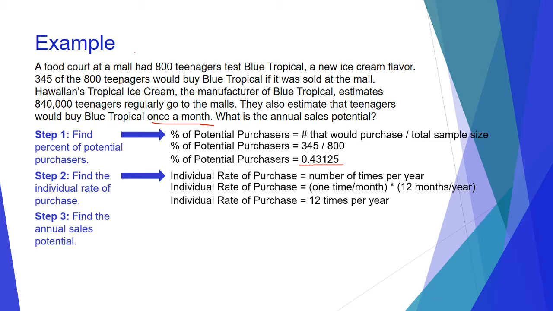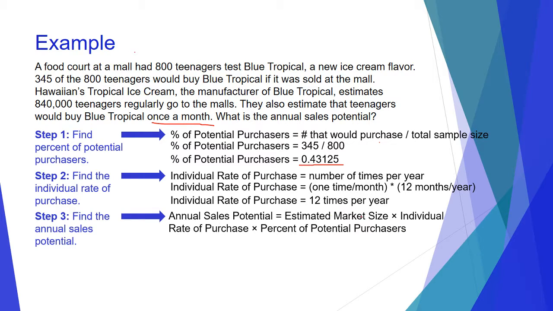Step 3 would be find the annual potential or sales potential. So we're going to plug it into that long formula we had earlier. Estimated market size would be the 840,000 because that's how many they estimated, that's how many teenagers go to the mall. 12 is the individual rate of purchase, there are 12 times a year, and the percent of potential purchasers would be 0.43125 because only 345 out of the 800 samples said they would.